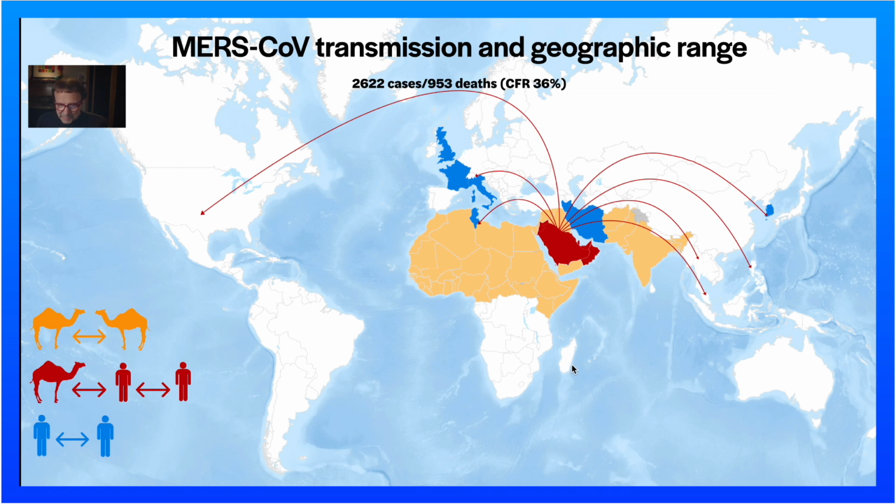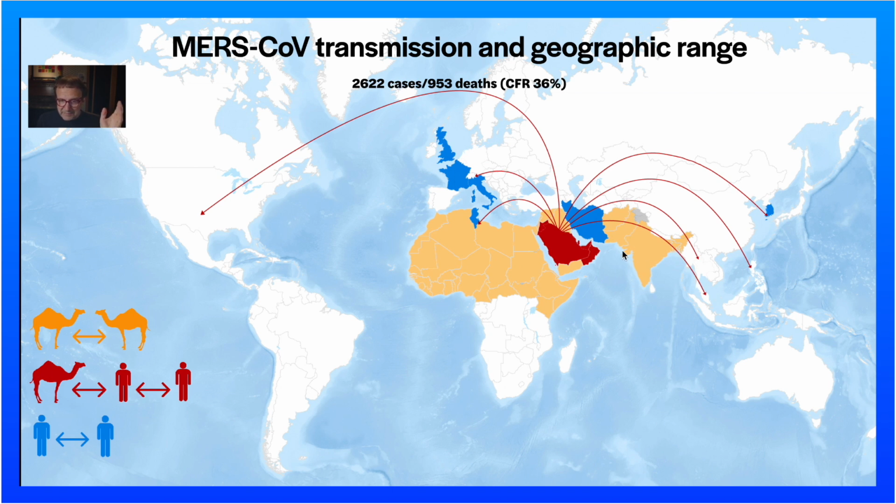This is an older map, but I like it because it shows you the transmission and geographic range. Camels transmit to each other throughout northern Africa, the Middle East, parts of India, Afghanistan, and Pakistan.